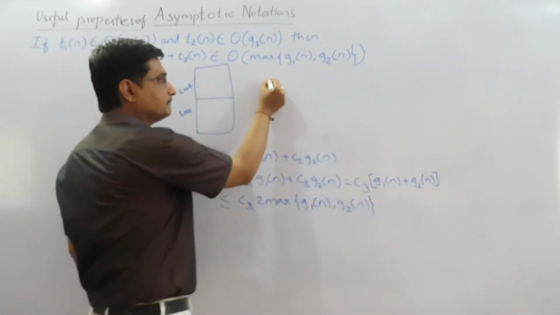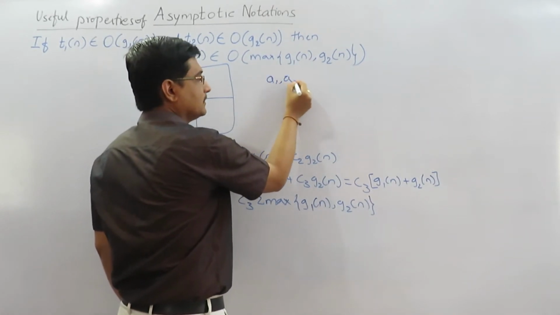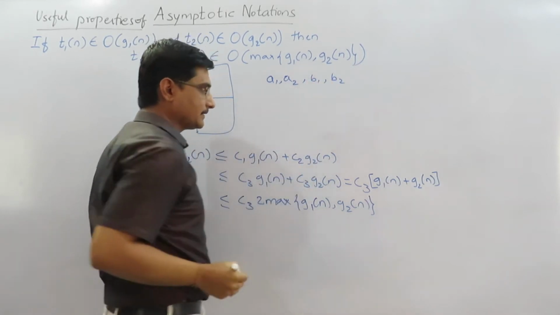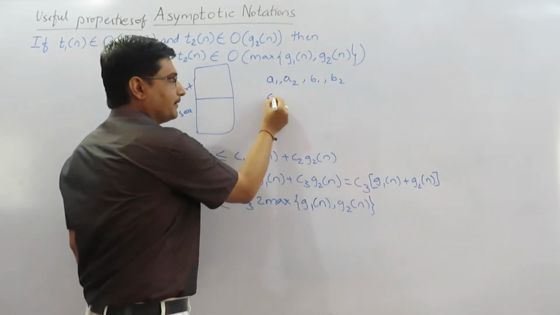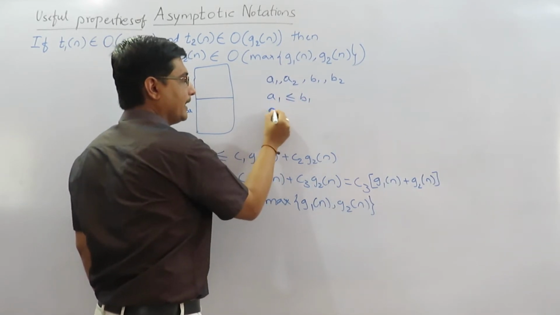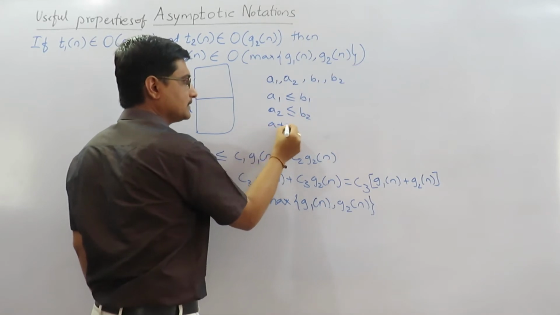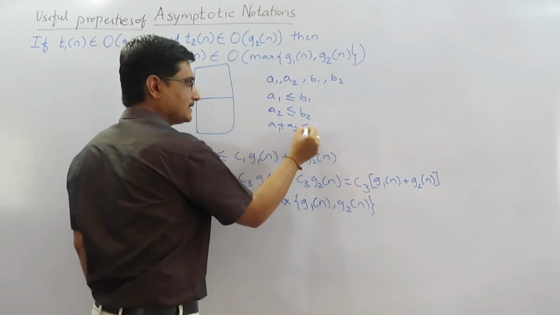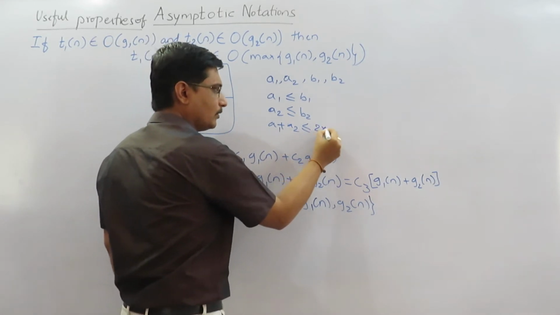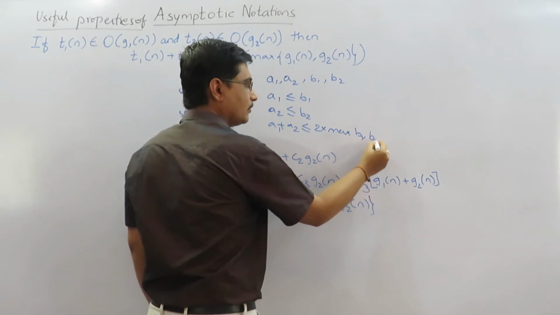Say, for example, assume we have some natural real numbers A1, A2, B1, B2. If A1 is less than or equal to B1 and A2 is less than or equal to B2, then A1 plus A2 will be less than or equal to 2 into maximum of B1 comma B2.